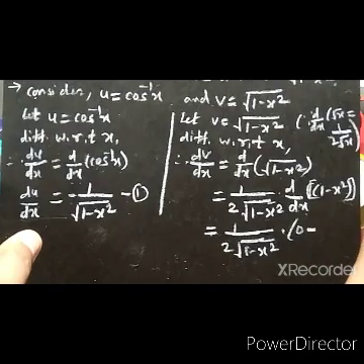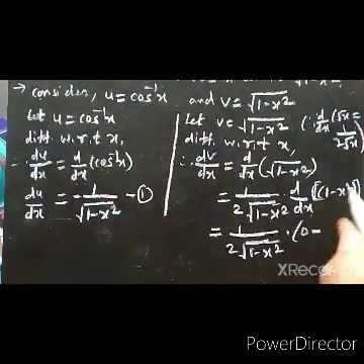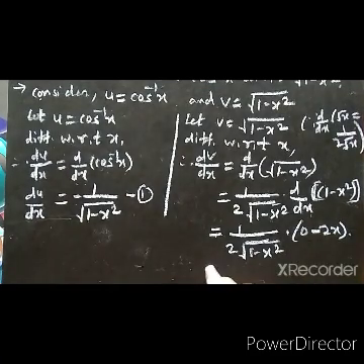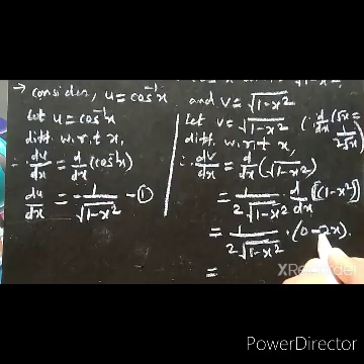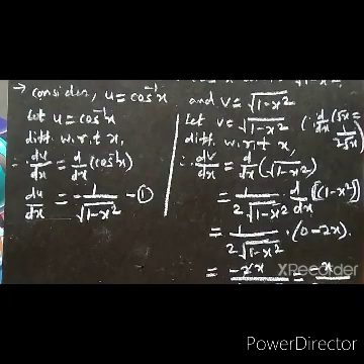We know that the derivative of x raised to n is n x raised to n minus 1. So here it is 2x raised to 1, that is 2x. Now here we got minus 2x into 1, that is minus 2x upon 2 root 1 minus x square. So 2 upon 2 get cancelled, and we got minus x upon root 1 minus x square. So this is dv by dx, equation number 2.